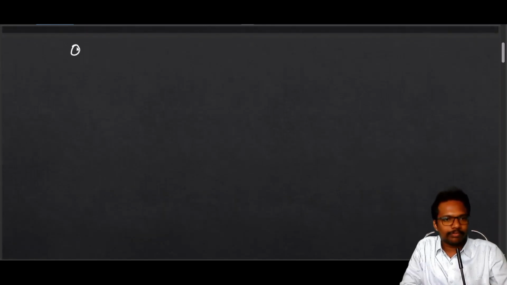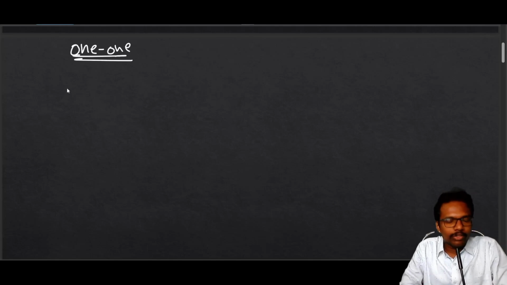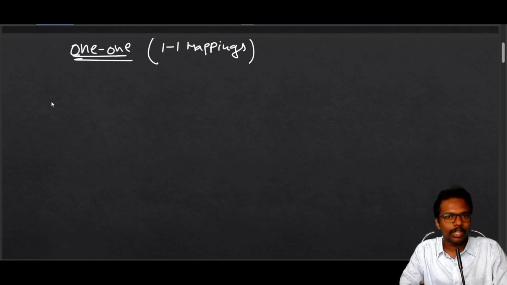One-one function. We already know that a one-one function is nothing but one-to-one mapping. Sometimes we call functions mapping also. Mapping means we are mapping from domain to codomain.